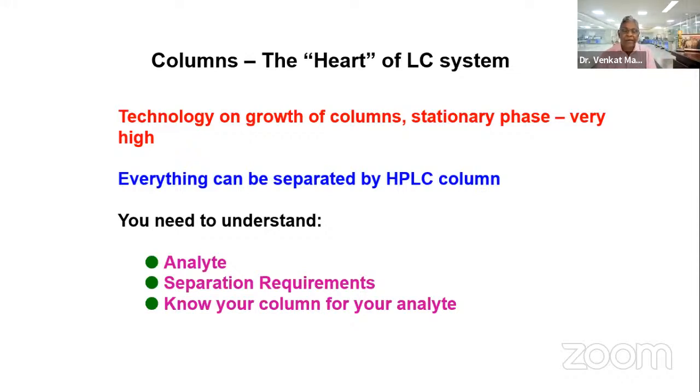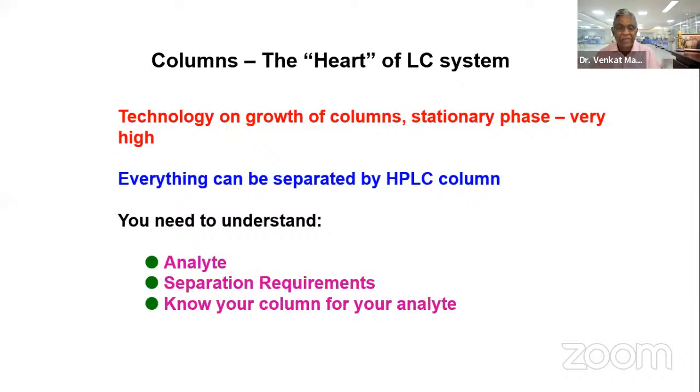Are you looking only to separate your compound of interest? Are you looking to separate the related substances or the impurities? Are you looking only to isolate and extract the compound? Are you looking for quantitative analysis? What are you looking for?